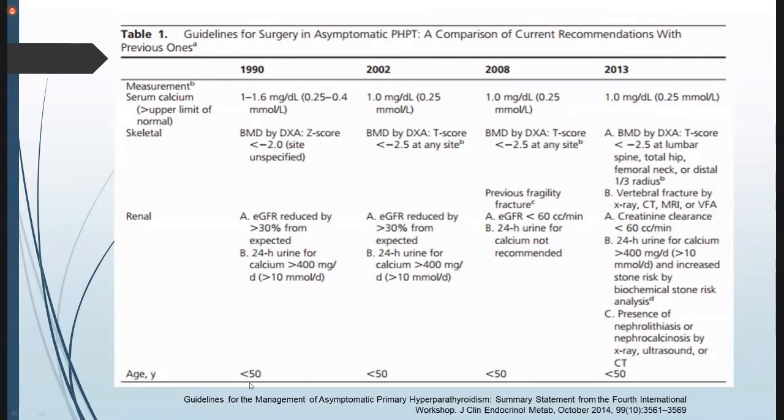And if a patient has age less than 50 years, that is an independent indication for surgery, because a patient who is young and has hypercalcemia, you cannot observe that patient for a further 10, 20 years or 30 years of his or her lifespan, because follow up and maintaining that observation is quite difficult in such patient groups.